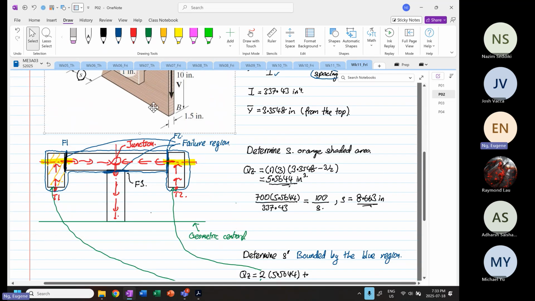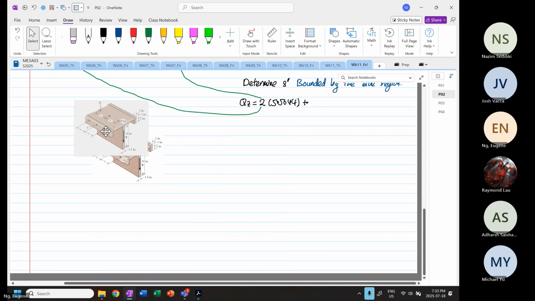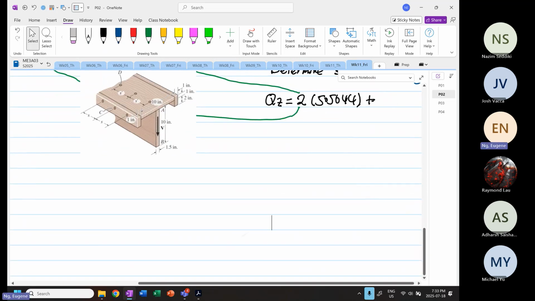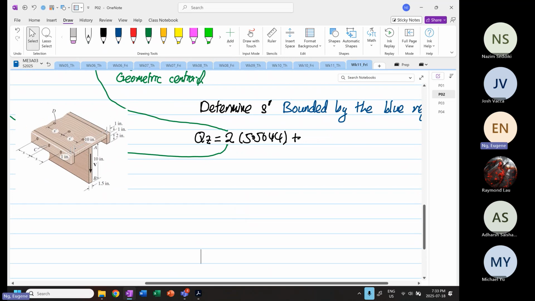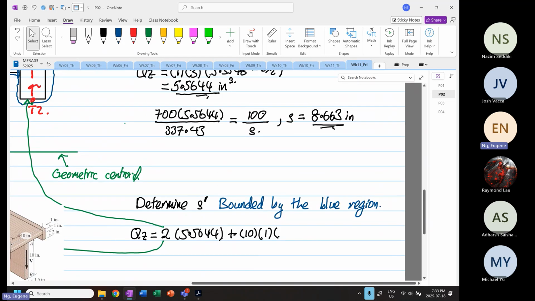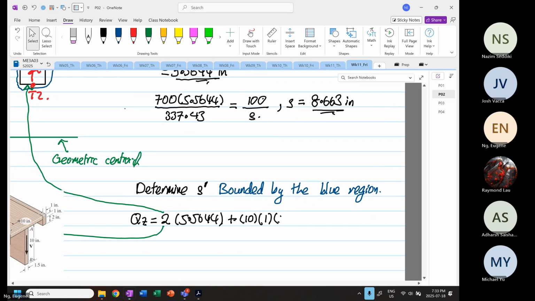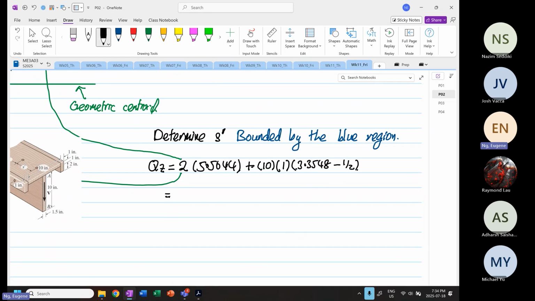Let me get this image down. From here, the width is 10, the depth is 1, and the y bar is equal to 3.3548 minus 1 divided by 2.